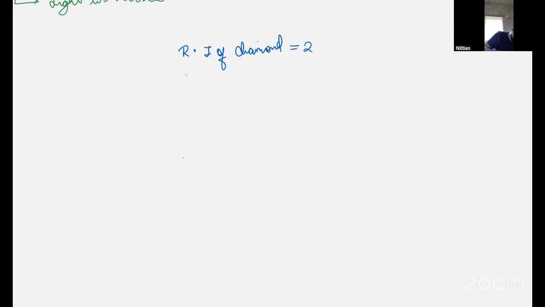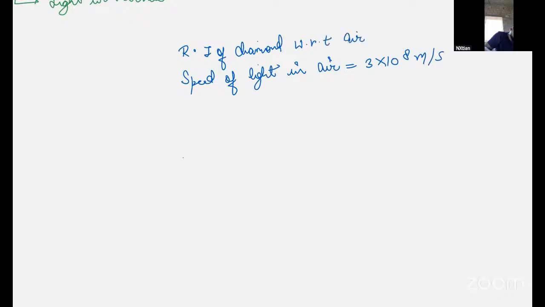Another thing is given, the speed of light in air, which is 3 into 10 to the power 8 meter per second. So here I will put the refractive index of diamond with respect to air, and the speed of light in diamond we have to calculate.